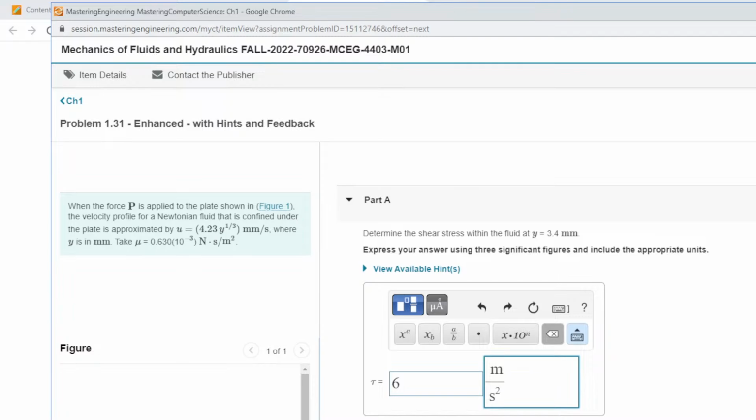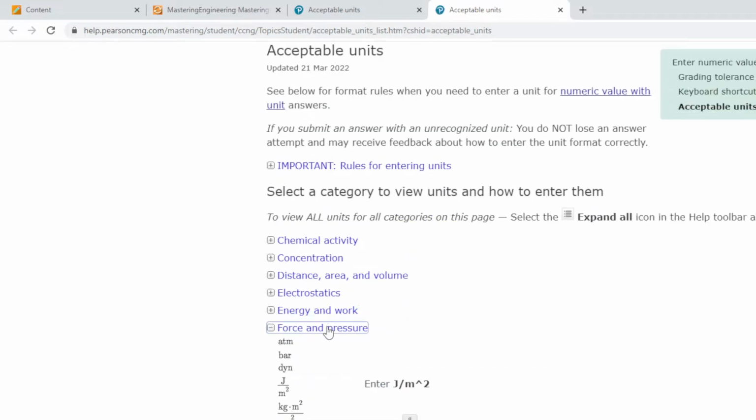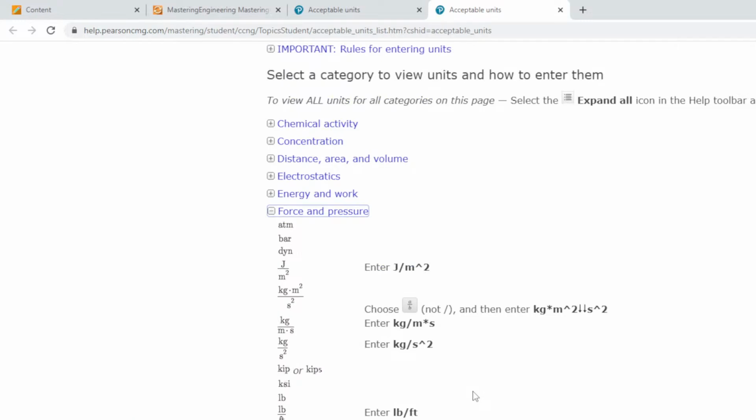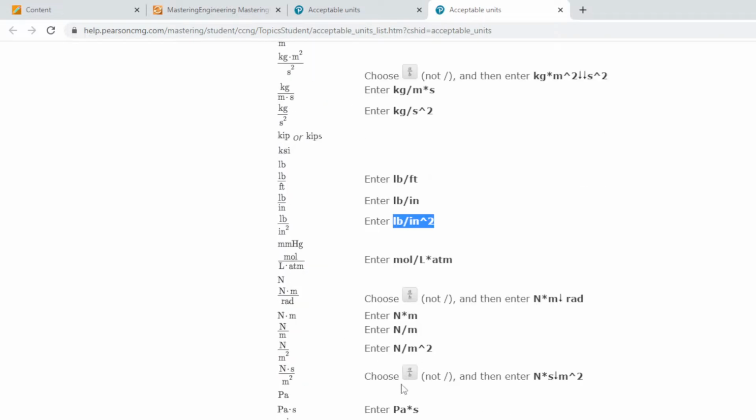So my question is, does he want, wait, let me go back to the list of acceptable units. Let's find pressure. How do you enter? Enter pounds per square inch, pounds with a divide by sign. Okay. Pounds per, this is PSI. Okay. All right. Or you can enter PSI.